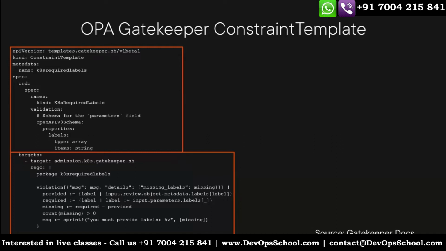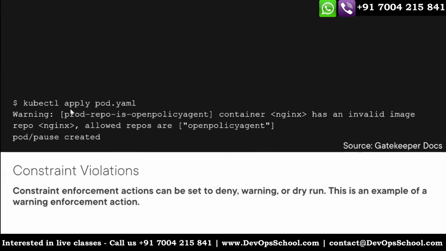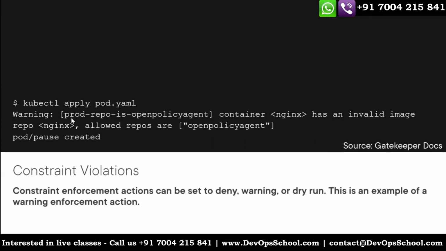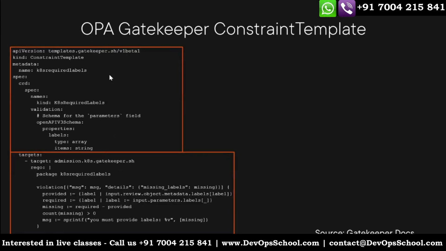So we install this, and after that you can call these policies in your Kubernetes clusters and run it. This is the pod specification, and when you run the pod, you will get a warning. Look at this warning. At the pod level, you don't have to specify the policy because you have applied it at the Kubernetes cluster level. The moment you install OPA Gatekeeper in your Kubernetes, these are the resources you can use.